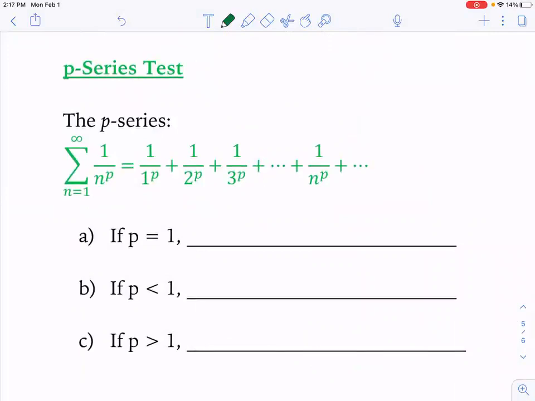I've broken it up into 3 different parts because P equals 1 is the harmonic series. It's special. If P is 1, or if P is less than 1, then our series is going to diverge.